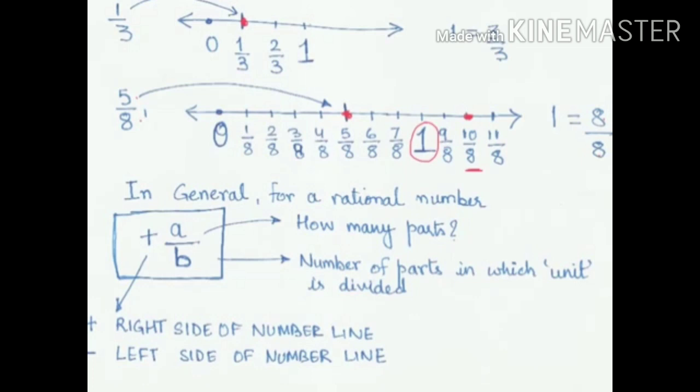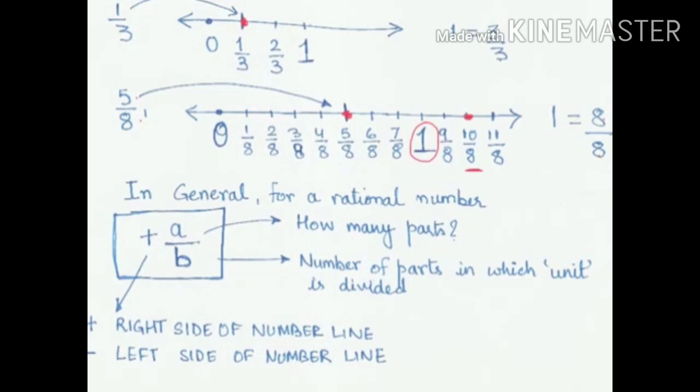So when you are given a rational number in the form a/b, you find out what is b, and you divide a unit distance on the number line into b parts, which is what we did earlier, and then you locate a parts. Just go those small steps, and that will give you the location of a/b.